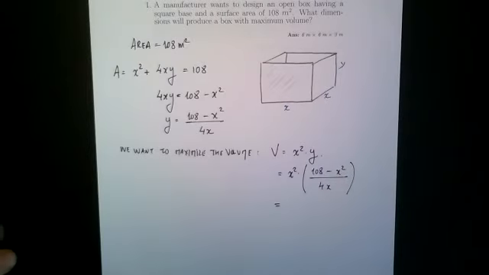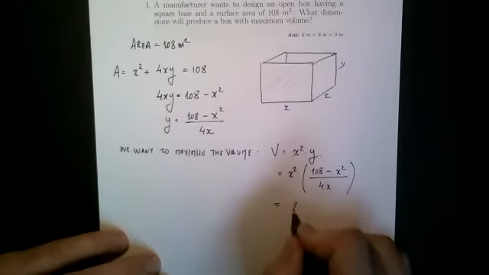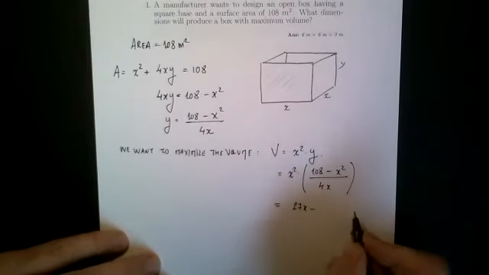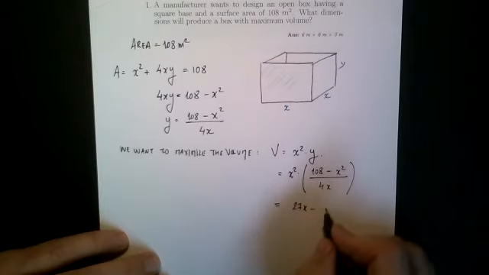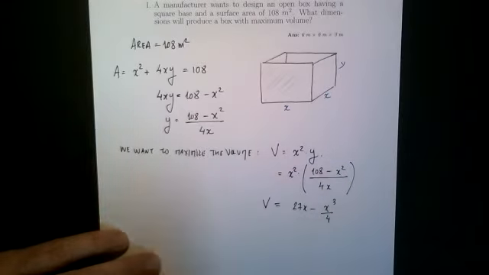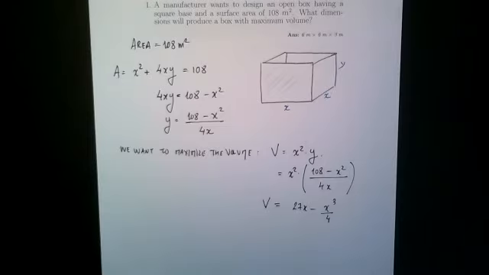So what do I get? 108 divided by 4 is 27. So 27x minus, and here I have x cubed over 4. This is the formula for my volume. Did you get this? Yes?